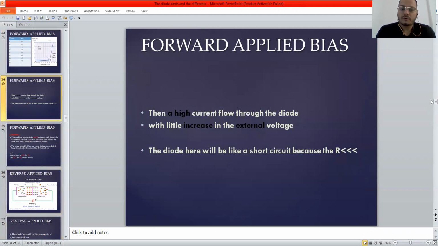Then high current flows through the diode with little increase in the external voltage. The diode here will be like a short circuit because of low resistance. We can't just say low resistance; the specific reason is the narrow depletion region.